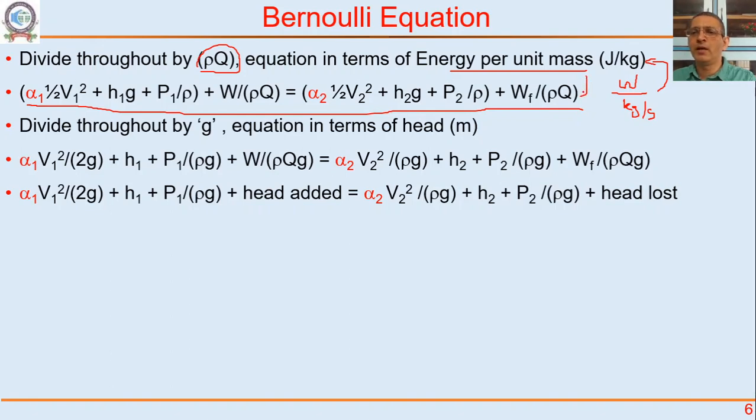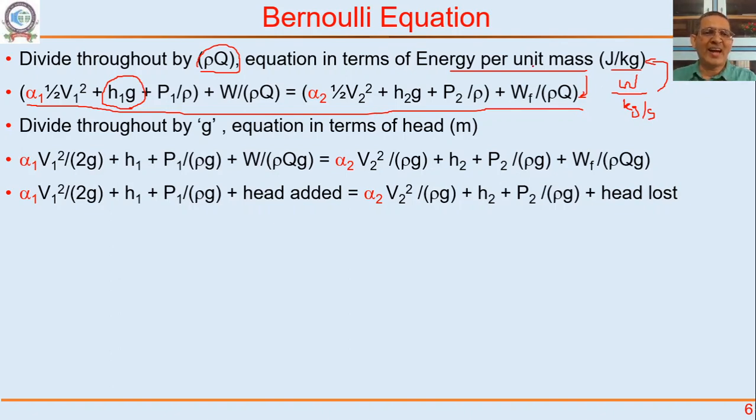So just to put it into perspective, look at this term H1 into g. That's the potential energy per unit mass, right? So this is joules per kg, per unit mass of the fluid, associated at location 1 and at location 2. At these two locations, what is the energy associated with the fluid in terms of kinetic energy, pressure energy, and potential energy?